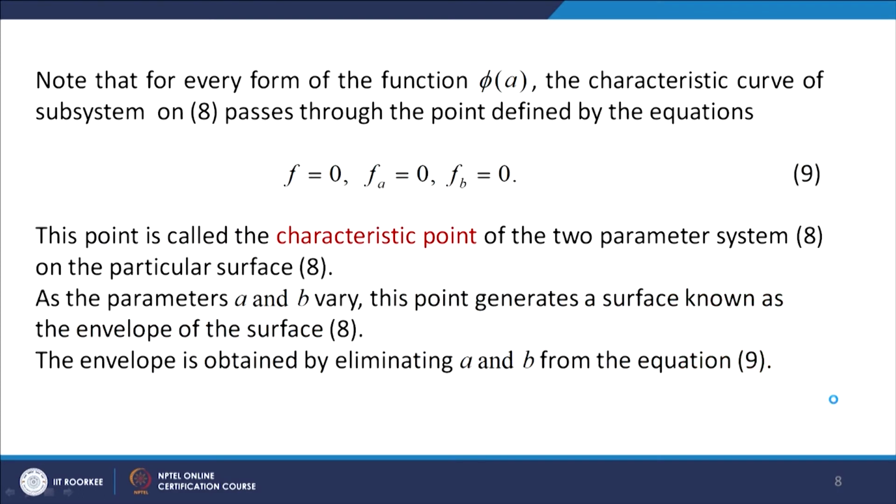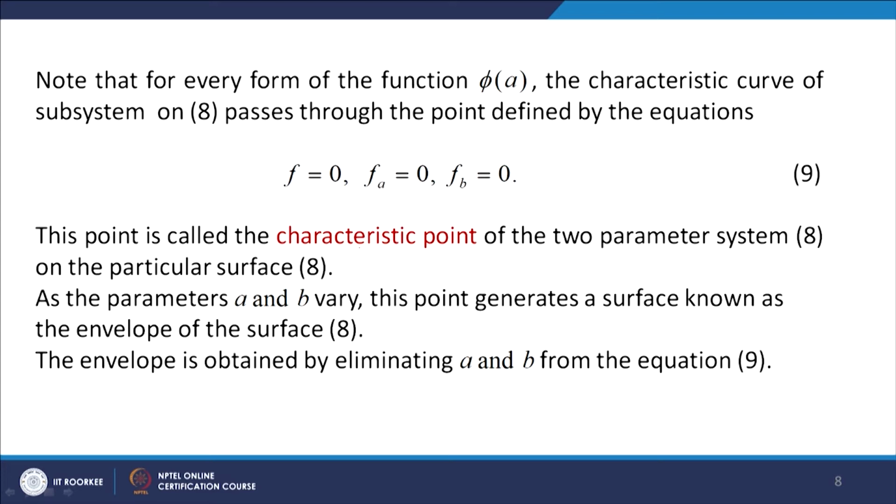So, that is what we are saying: for every form of the function phi(a), the characteristic curve of the subsystem passes through the point given by the equations f = 0, f_a = 0, f_b = 0. This point is called the characteristic point of the two parameter system on the particular surface.